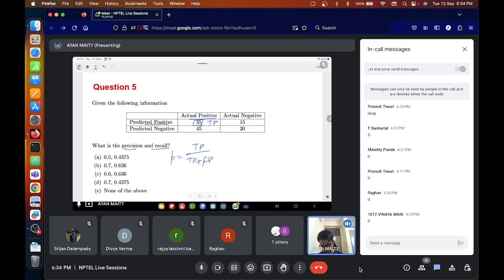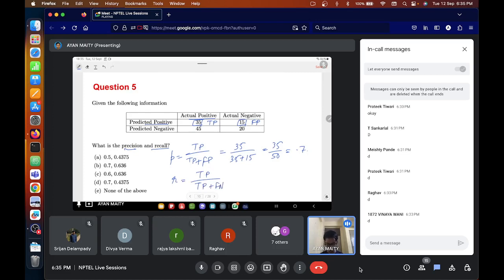False positive is which are actually negative but predicted positive, which is 15. So these are false positives. So that means precision would be 35 divided by 35 plus 15, which is 35 divided by 50, which is 0.7.